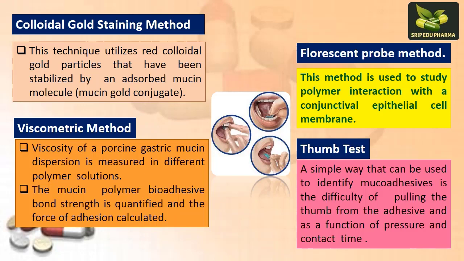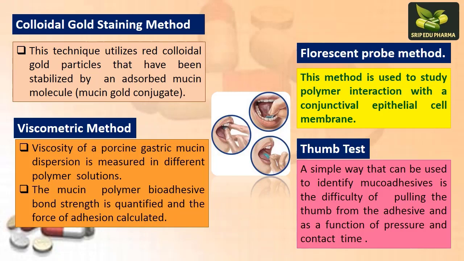The next method is the viscometric method. In this method, porcine gastric mucin dispersion is used in different polymer solutions. The mucin-polymer bioadhesive bond strength is then quantified and the force of adhesion is calculated. The next method is the fluorescent probe method.